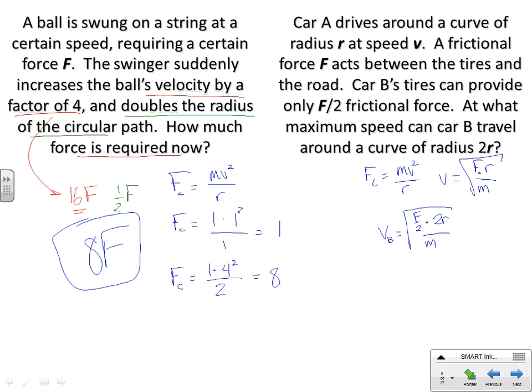Well, notice that's the same as this, F r over m. That's the same as A, right? Because this is our expression for A. Here's our expression for B. So yeah, same thing. Fair enough?